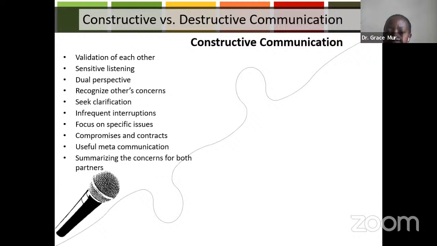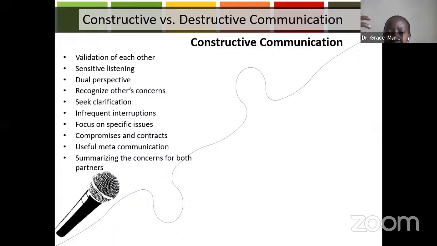How is it expressed? Either verbally or non-verbally. Remember I said that yesterday. Communication is also verbal or non-verbal. And so communication is very key when it comes to how we manage conflict.